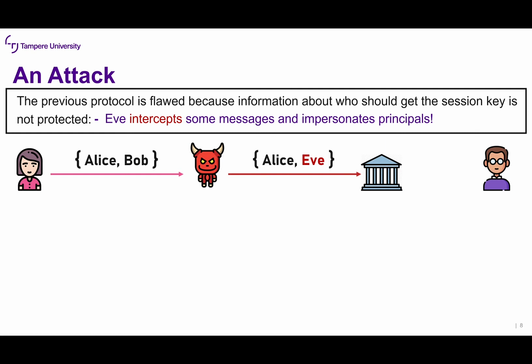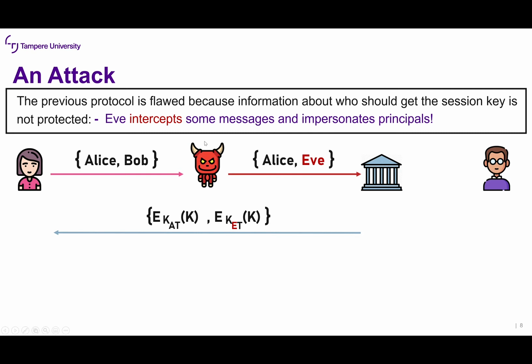Now upon reception, Trent would generate again the session key K, and instead of encrypting it with KAT and KBT, he would encrypt it with KAT for Alice, which is the first principal in that message, and with KET, the symmetric key that Trent shares with the legitimate user Eve, right?